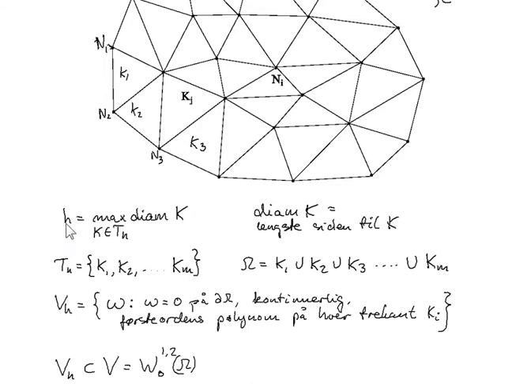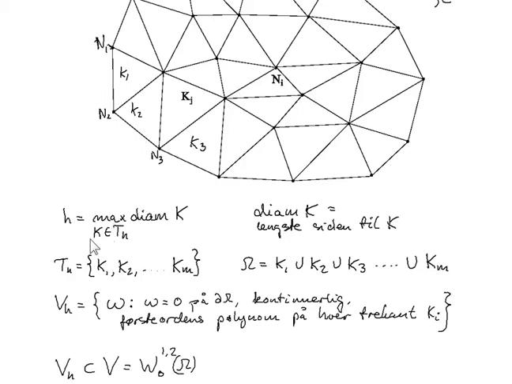Let us just go back here and define more precisely what we mean by this h. The diameter of a triangle is defined as the longest side of the triangle. So, for example, for this triangle, the longest side may be this side, and we call the diameter of K the length of this side.